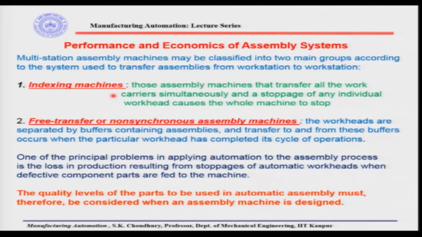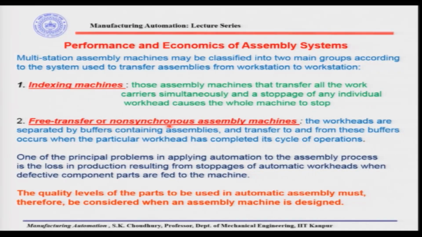Like I said, a big assembly could be broken into subassemblies and the subassemblies can be assembled first. So, those kind of small subassemblies can be assembled in the indexing machines, for example.